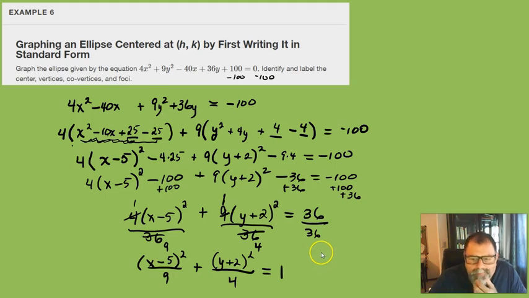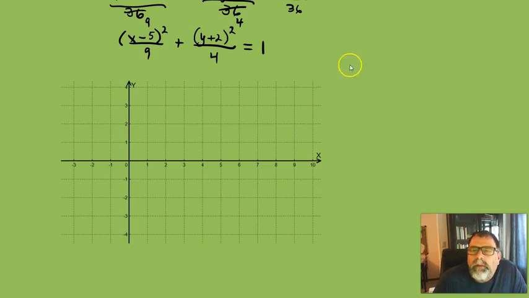All right, now I want to graph this. Okay, so our center is going to be (h, k). So remember, you switch the sign. So it'll be positive 5. k is negative 2.